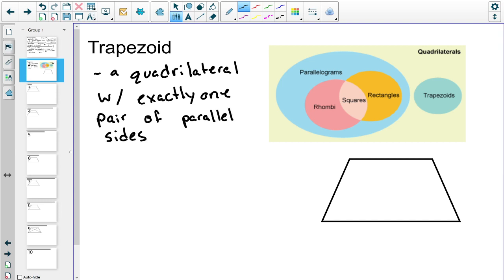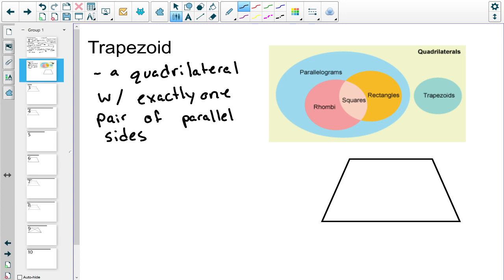So exactly one pair of parallel sides. If you look, it's this top side up here and this bottom side down here. Those are parallel, but it's easy to see that these sides, if extended, will eventually cross each other, negating any chance for them to be labeled as parallel.